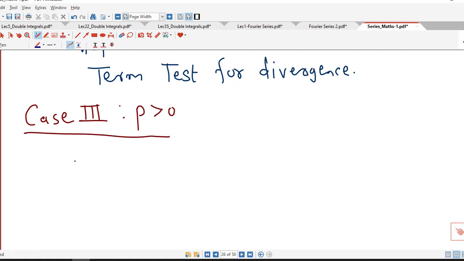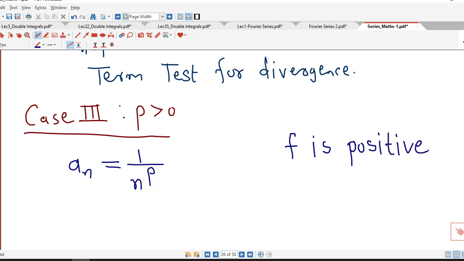Now here the nth term is 1 over n raised to p, and because every term is positive, we can apply the integral test. We recall that in the integral test we require that our function is positive. The function we construct in the integral test is positive if every term of the series is positive.